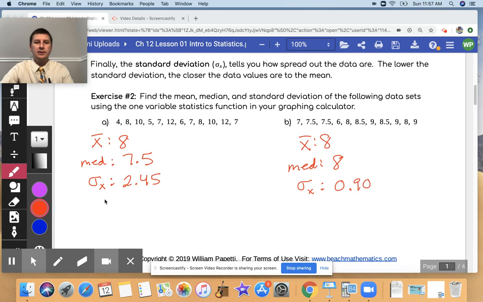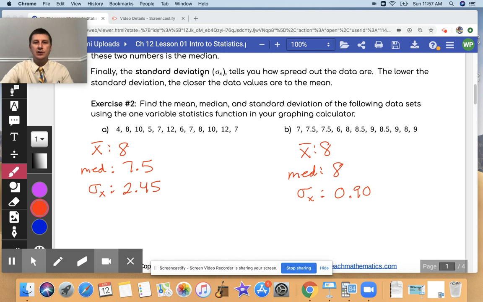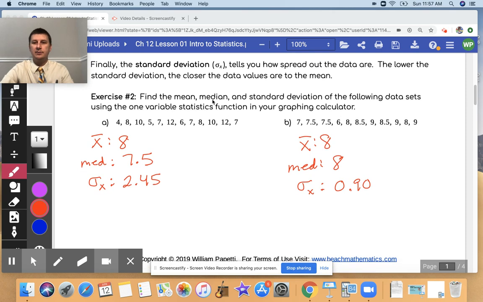So again, if we look back at our definition of standard deviation, it tells us how spread out the data are. The lower the standard deviation, the closer the data values are to the mean. So this one is definitely the lower standard deviation, and that just means that the data values are closer together. And if you look at the numbers, you could see that just by looking at it. Here's your mean of 8. And all of these numbers are right around 8. They're decimals.